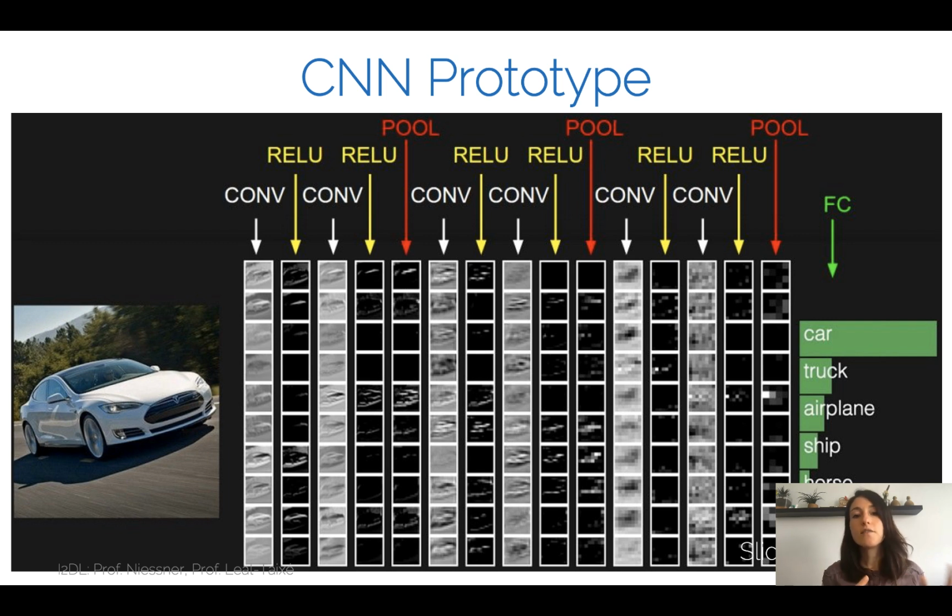And finally, after this series of convolutions, nonlinearities and poolings, we typically have a fully connected layer or a series of fully connected layers that allow us to map our features to the classes that we want to classify. For example, in this case, we want to classify 5 classes. Therefore, we're going to have fully connected layers that bring down all these features into these 5 outputs.